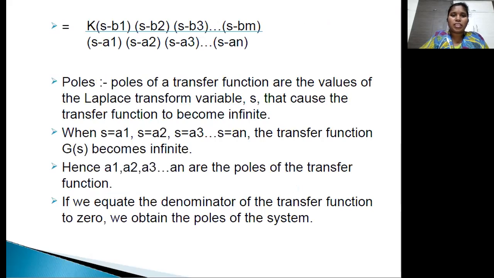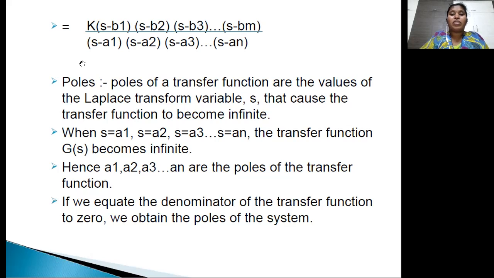The numerator is k into s minus b1 into s minus b2 into s minus b3 and so on s minus bm, right? That means you have to consider this polynomial equation. If you equate this polynomial equation to 0, then you obtain the zeros of the particular transfer function.